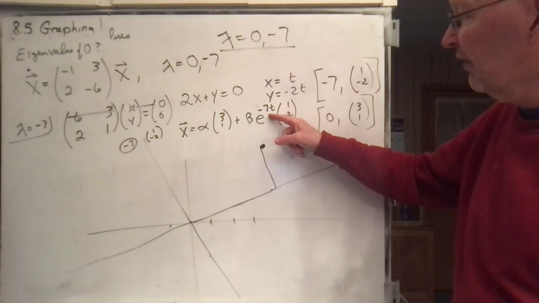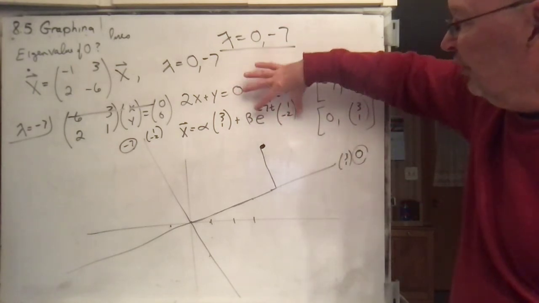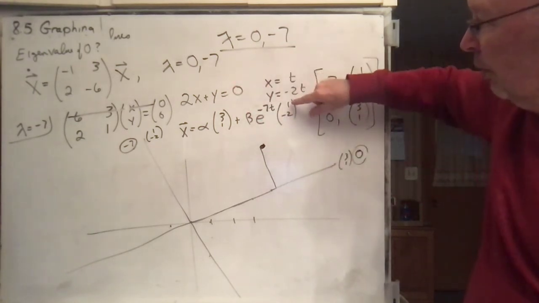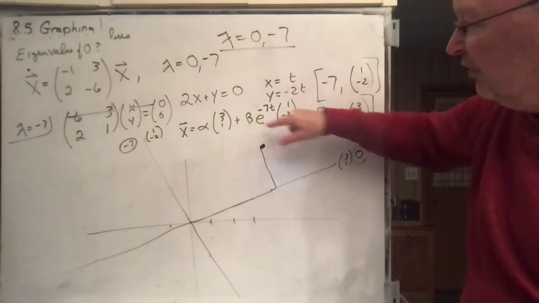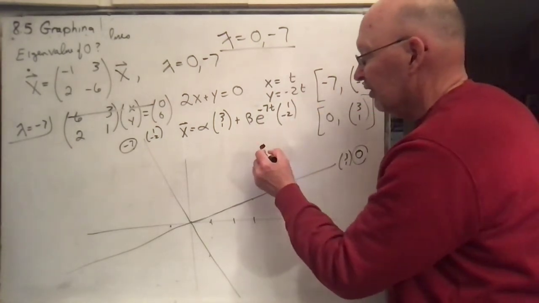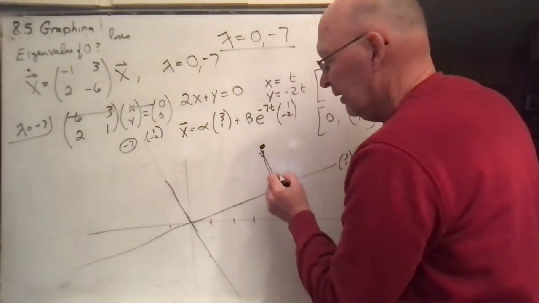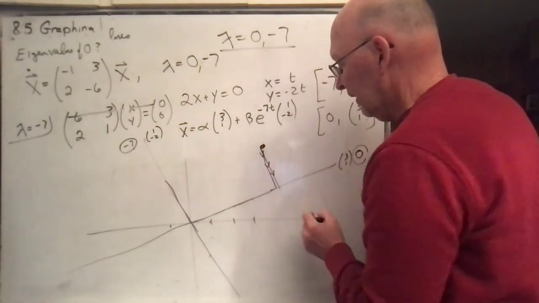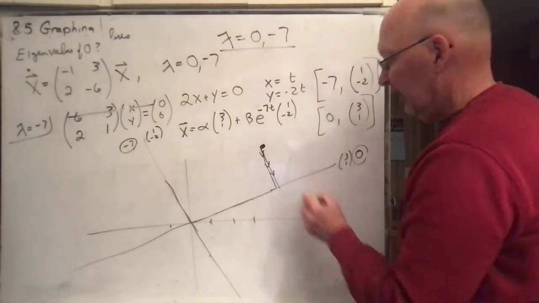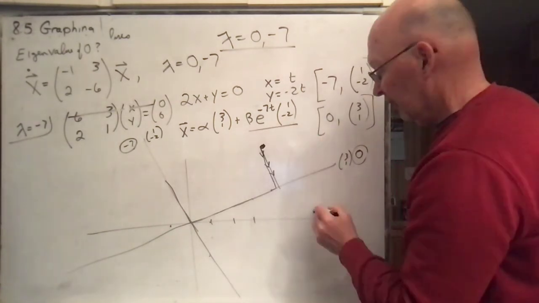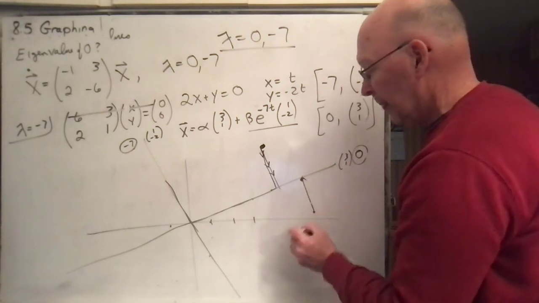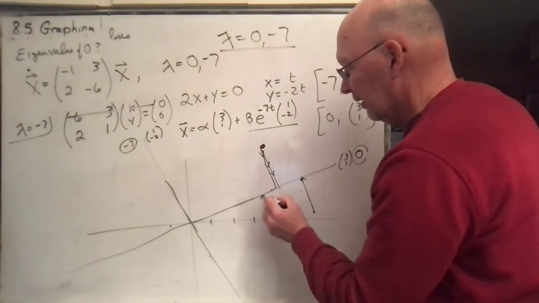This is the one that's going to attenuate to 0. This portion of it is going to just go to 0, and so it's going to be parallel to this vector, and it's going to just come on in like that. No matter where you are, it's going to be this portion of it, which is just going to go to 0, just leaving you right there.